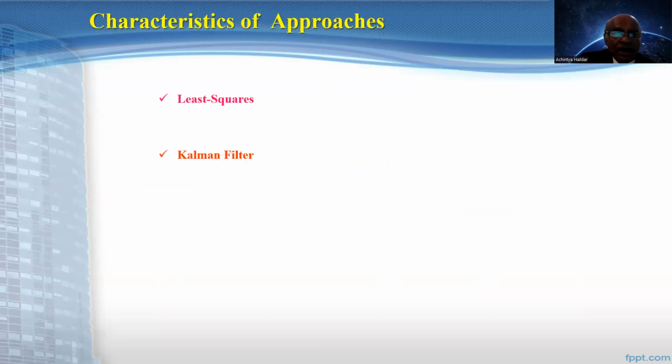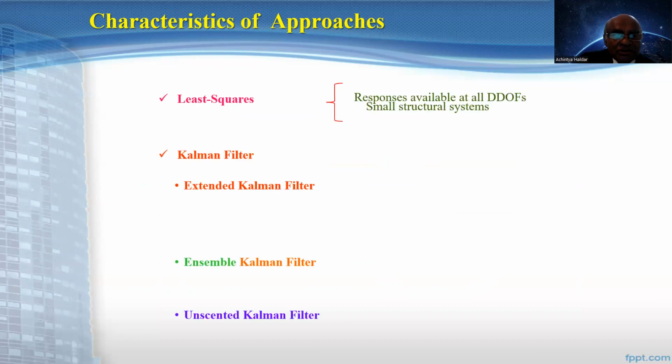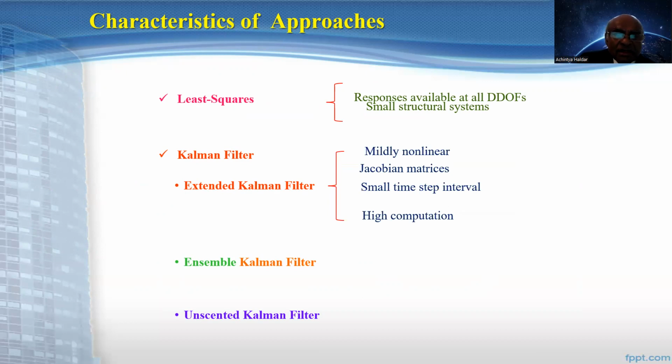So let me summarize what we discussed so far. Least square based approach is used when the structure is small and the nonlinearity in the responses is moderate. Then we use the extended Kalman filter when the structure could be large, but with a moderate amount of nonlinearity.